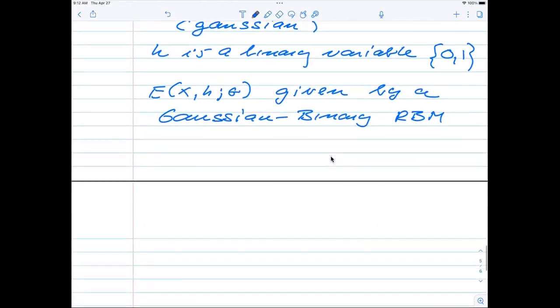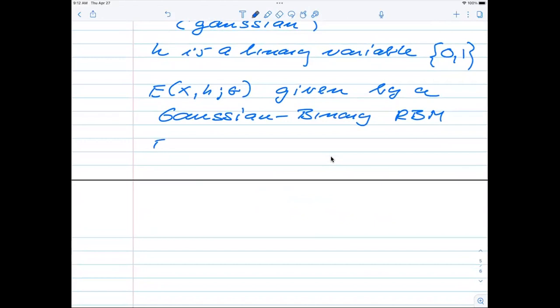And that means that the parameters which we have then, when we set up this function E of x, h, theta, is now going to be given by a sum over i equal 1 up to n, the number of visible nodes. And I'm going to have an x_i minus a bias parameter, a_i, which is a parameter we need to train, divided squared.